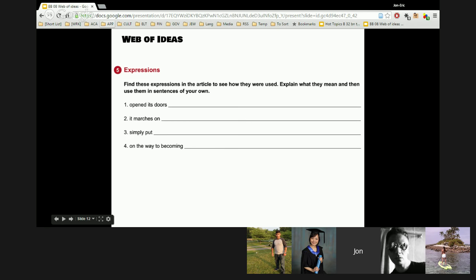These expressions were also useful. They came up in the article. You don't have to dwell on this if you haven't read it, but if you recognize any of these, you might want to mention them. So if you recognize any of these expressions, just let me know. Any of them stand out for you?